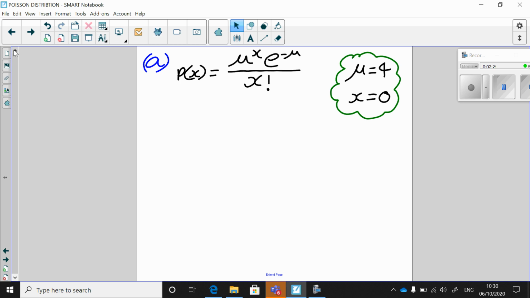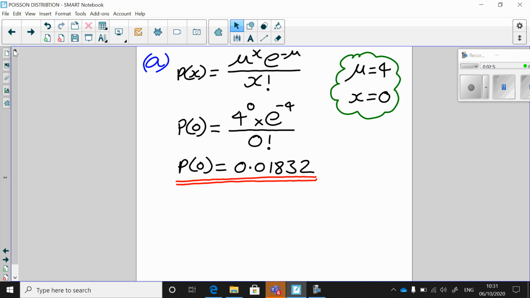There's your formula. We've seen it many times in the last little video in class or remotely. So let's just plug things in. The probability of 0 here. Put my numbers in again. Mu, 4, appears twice, and the 0, the x value, appears only once.